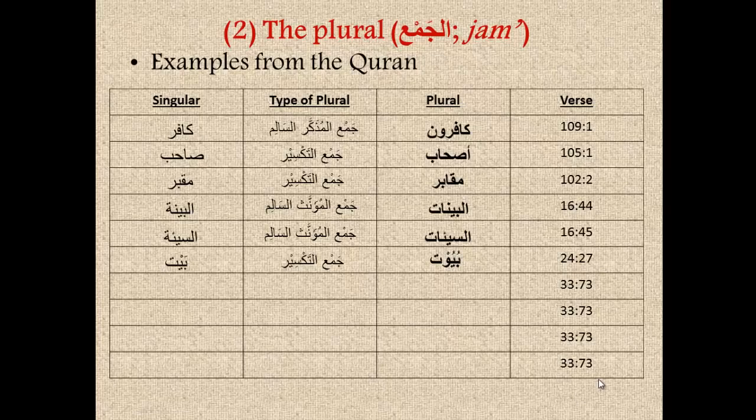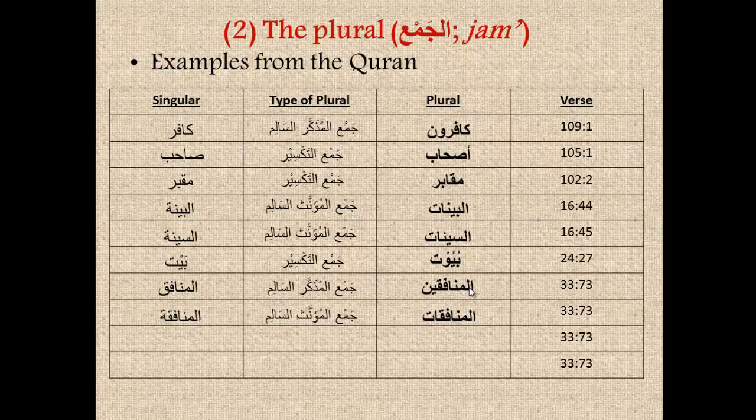And then the last four examples come from the last ayah of Surah Al-Ahzab, where Allah says, لِيُعَذِّبَ اللَّهُ الْمُنَافِقِينَ وَالْمُنَافِقَاتِ وَالْمُشْرِكِينَ وَالْمُشْرِكَاتِ. We have al-munafiqina. We hear the ina. This tells us the word is a jama' mudhakkar salim, a sound masculine plural, and the singular form is al-munafiq, just the front part. Al-munafiqati is a jama' muannath salim. Singular is al-munafiqah.